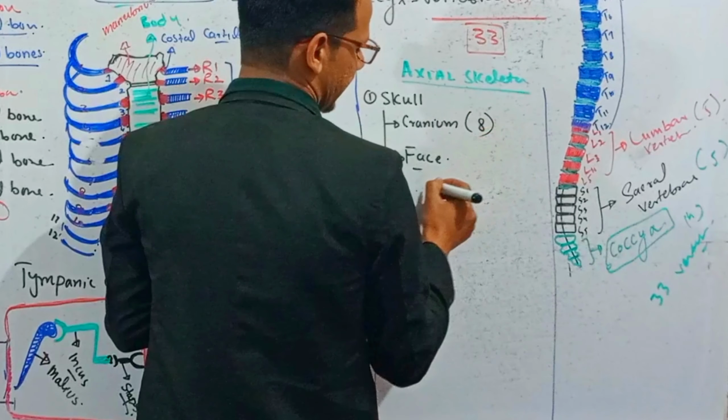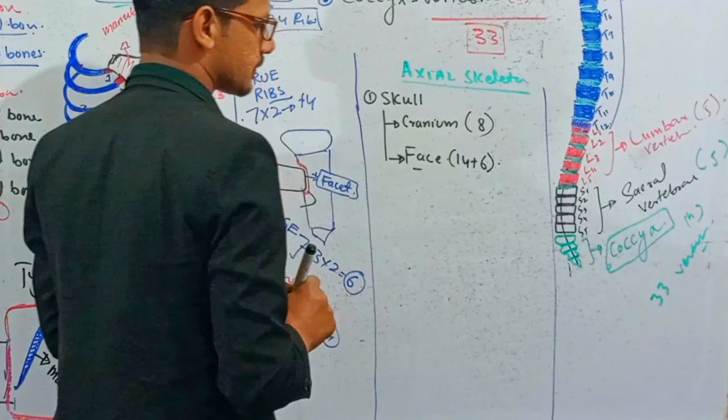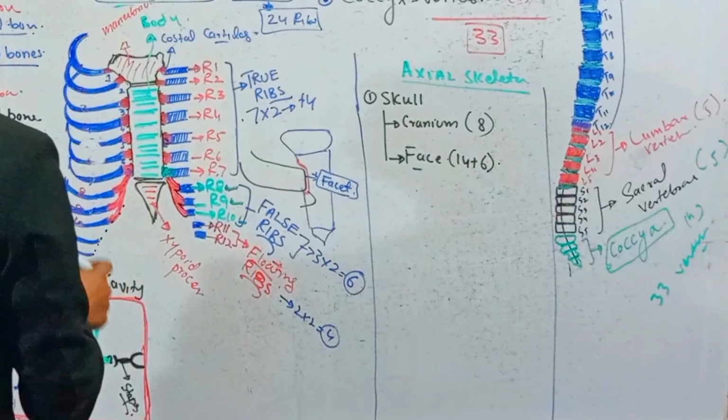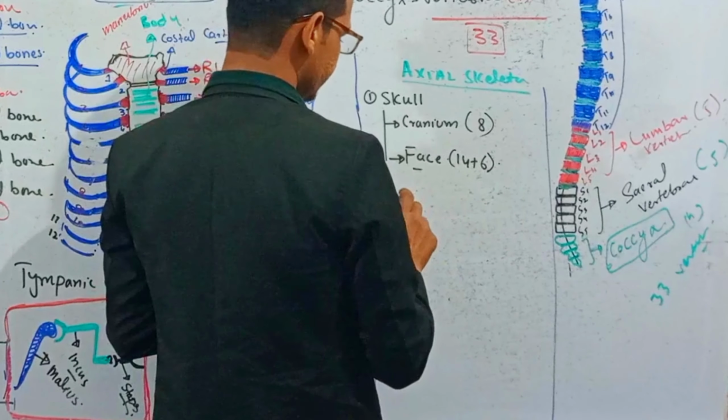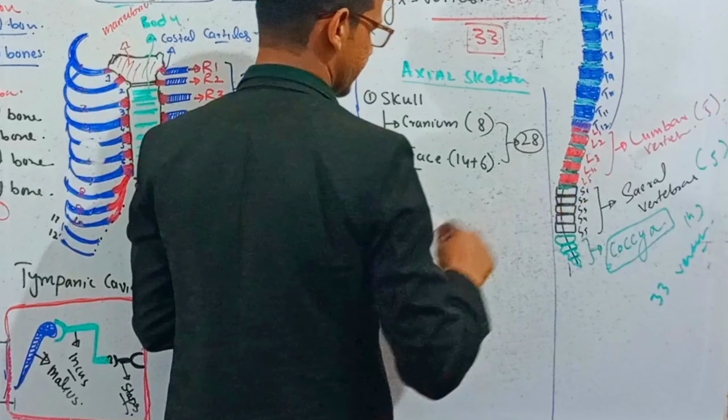The cranium is composed of 8 bones and the face is composed of 14 plus 6 bones, right? All these make 28 bones.